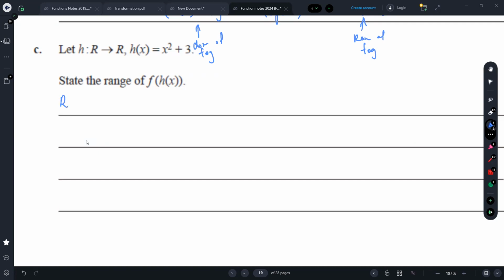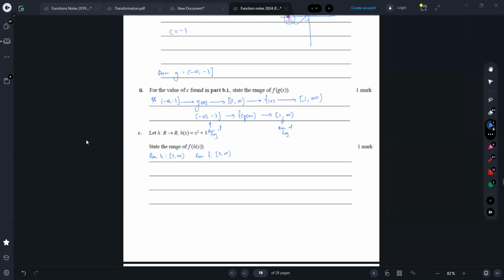So the range of h is what? Okay, 3 to infinity. I thought you said 3 to 10, and I'm wondering where 10 came from. Domain of f, that's still the same, right?